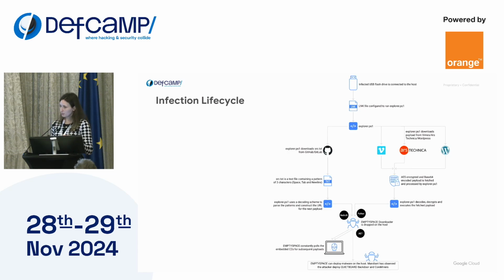And after EMPTYSPACE is on the host, essentially the attacker has a downloader and he can basically download anything. But what we've seen is the coin miner and QuietBoard. And with QuietBoard having the functionality to spread the PowerShell script, you have like a full circle going back to the infected USB drive.